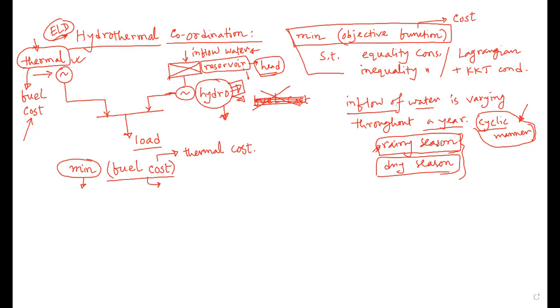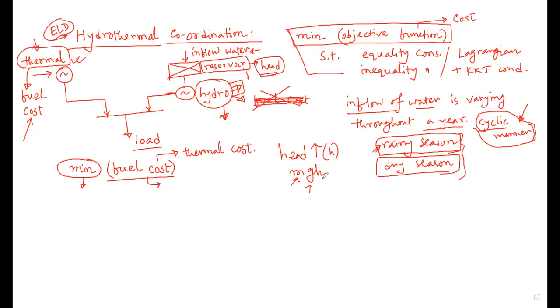So in the coordination case, what we can do, let's say whenever our water head in the reservoir is high, that means you have more potential energy, where head is basically h, the height of the water in the reservoir. m is the mass of the water, g is the gravitational acceleration. So if mgh is high, you have higher potential energy.